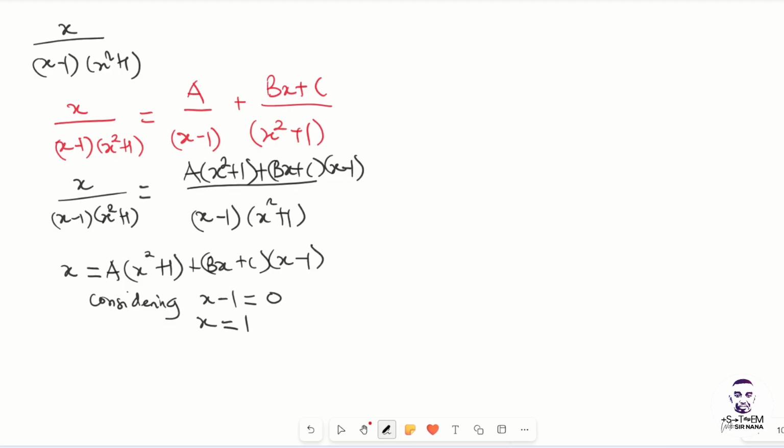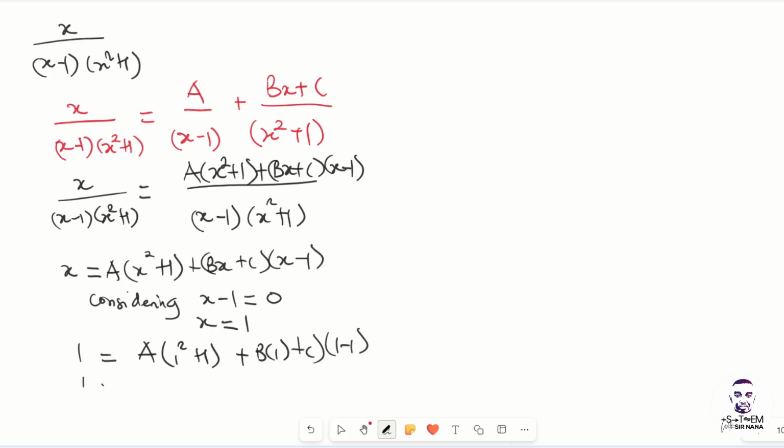So when x equals 1, we substitute x equal to 1 into wherever we see x in the equation. So we have 1 equal to a times 1 squared plus 1, plus b times 1 plus c, times 1 minus 1. So this goes to 0. It means that the b part goes to 0.